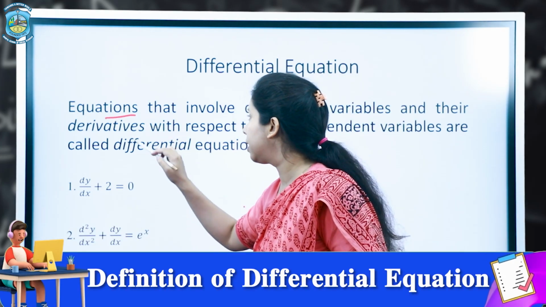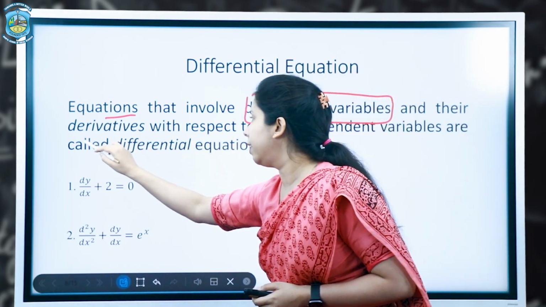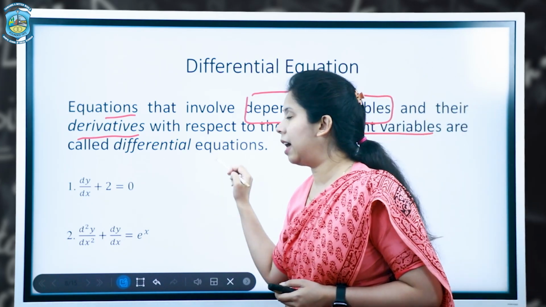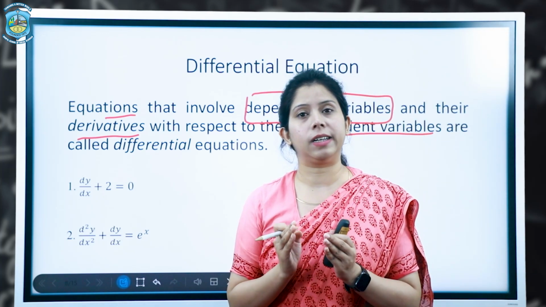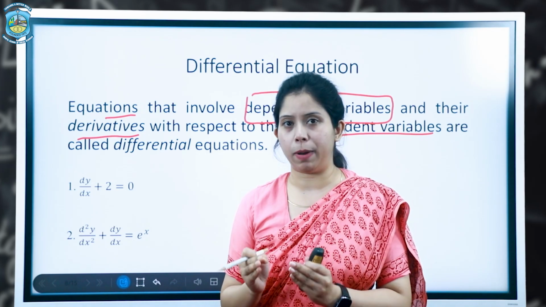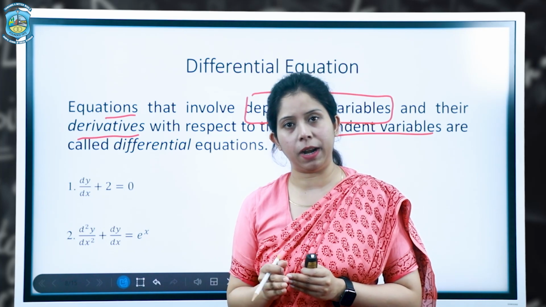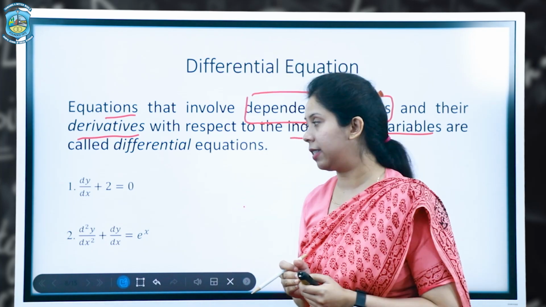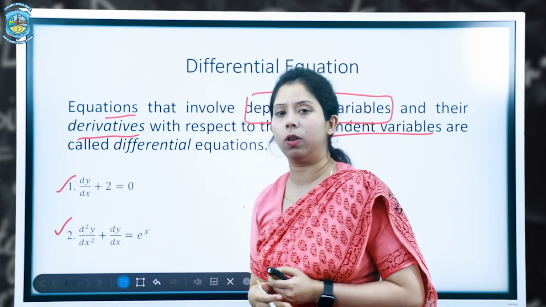Equations that involve the dependent variable and its derivatives with respect to the independent variables are called differential equations. Simply, they are not just equations, they are differential equations. For example, here we have two examples. dy by dx plus 2 is equal to 0.